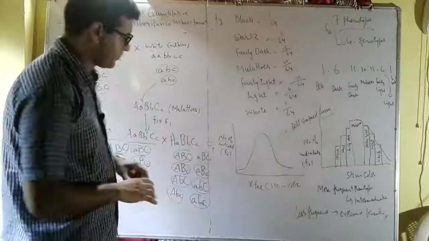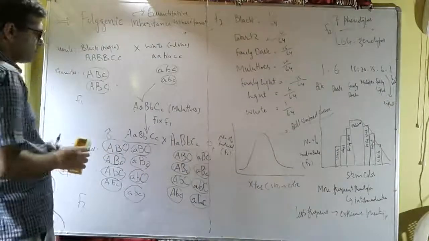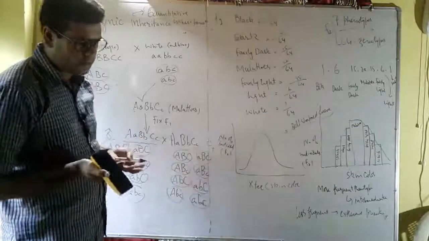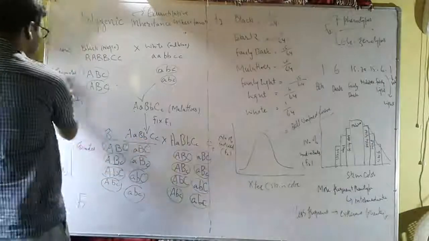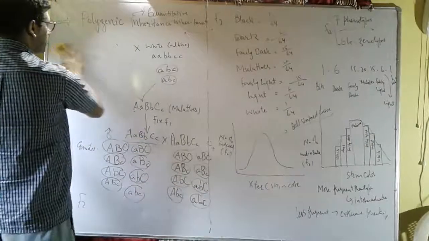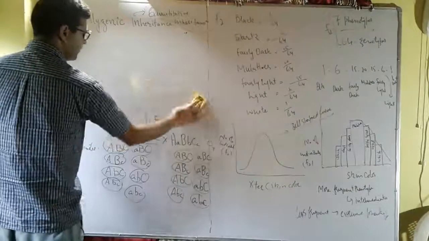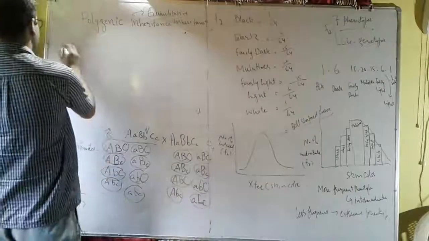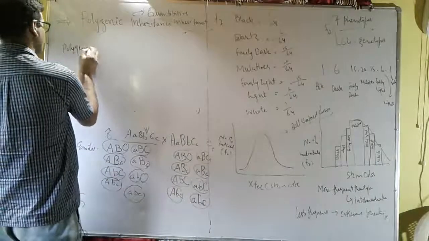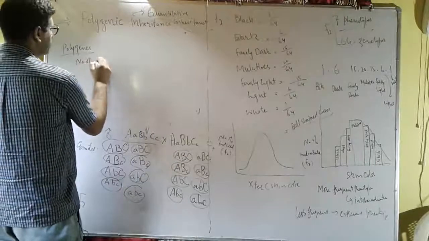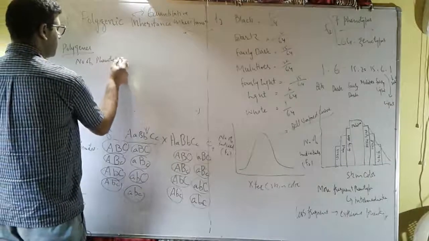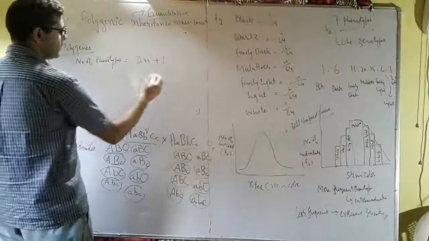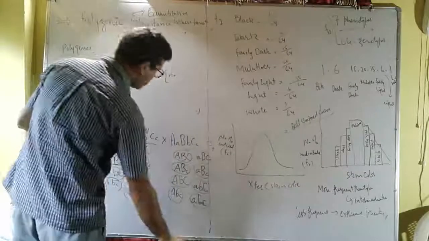In case of polygenic inheritance, how can we calculate the number of phenotypes? In case of polygenes, the number of phenotypes is calculated by the formula 2n plus 1, where n is the number of polygenes.